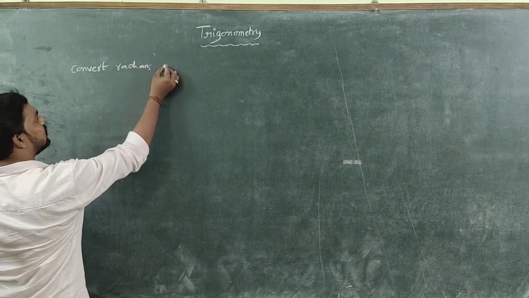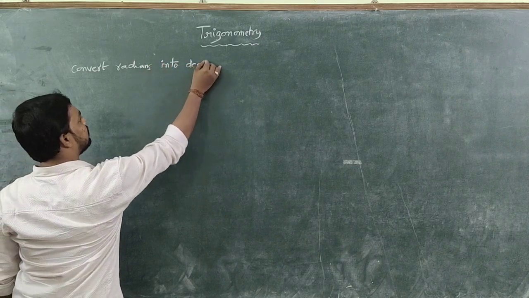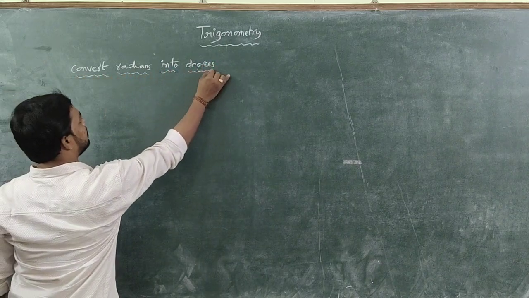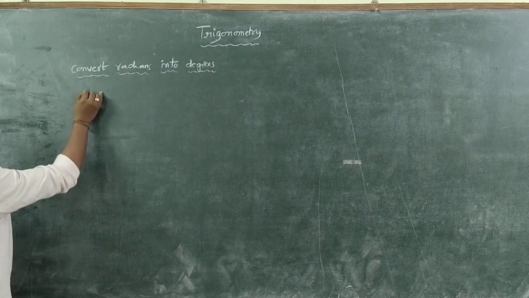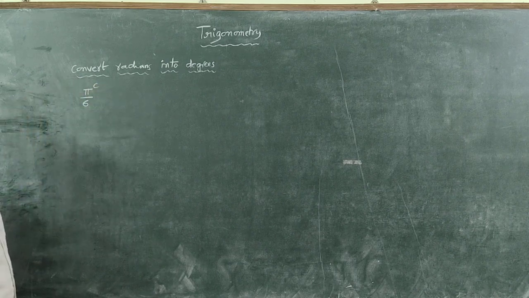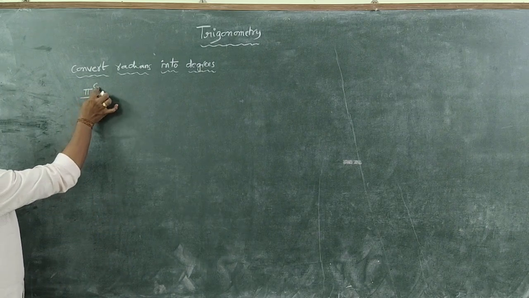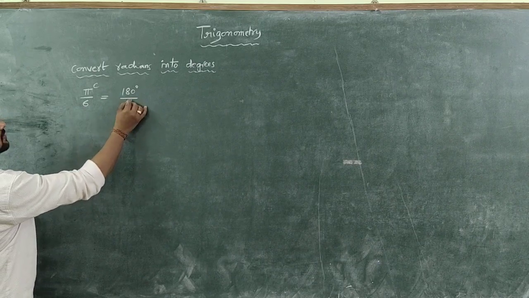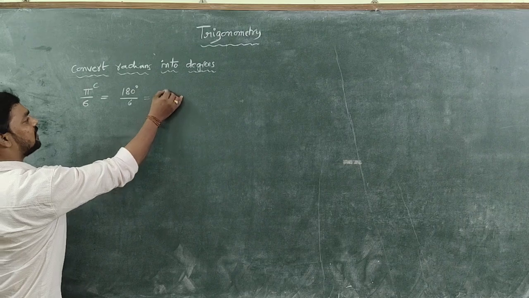Convert radians into degrees. Suppose an angle is pi by 6 radians, so it is converted into degrees. Pi radians means 180 degrees, so 180 by 6 means 30 degrees.